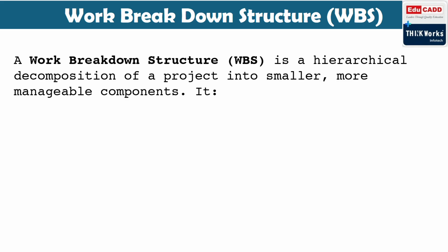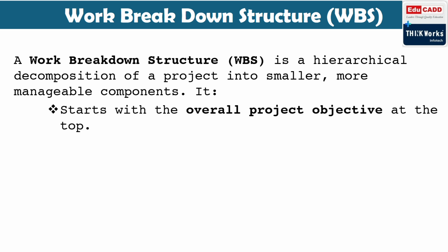So WBS is a hierarchical decomposition of a project into smaller, more manageable components. We can say it as a major milestone or minor milestone. Then the activities under the minor milestones will be added.